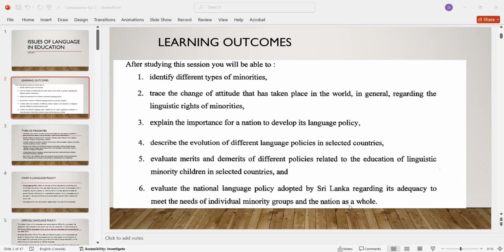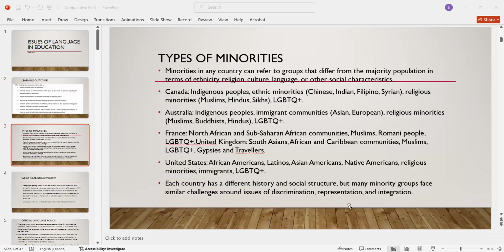We are going to see what the problems and issues of language are in those countries. First of all, we have to know about minorities, because we are going to talk about the minorities of each of the selected countries.